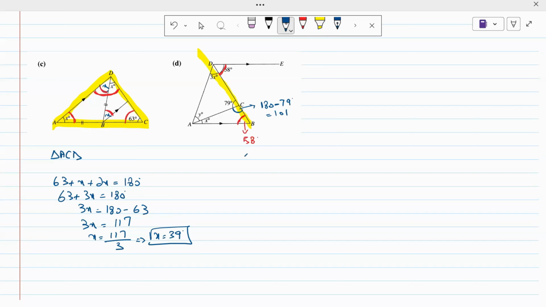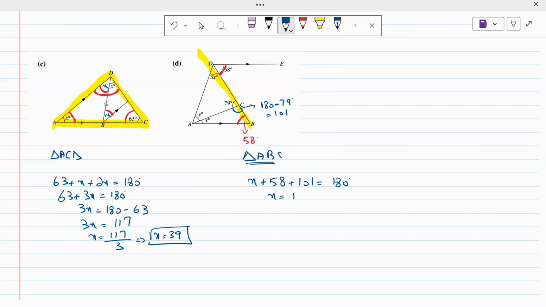So now focus on this triangle ABC. In ABC, we have angle A as x, angle B as 58, and angle C we just found as 101. And all these three angles should sum up to 180.